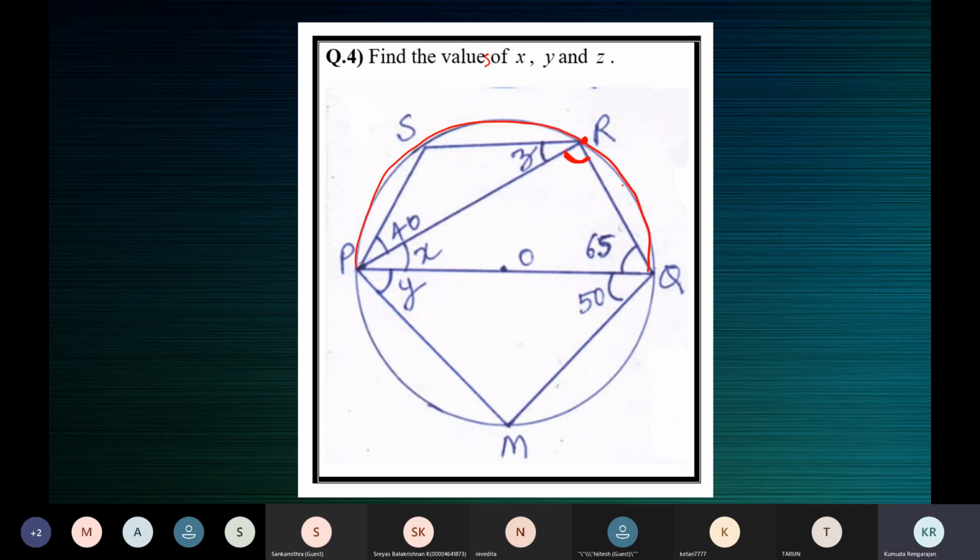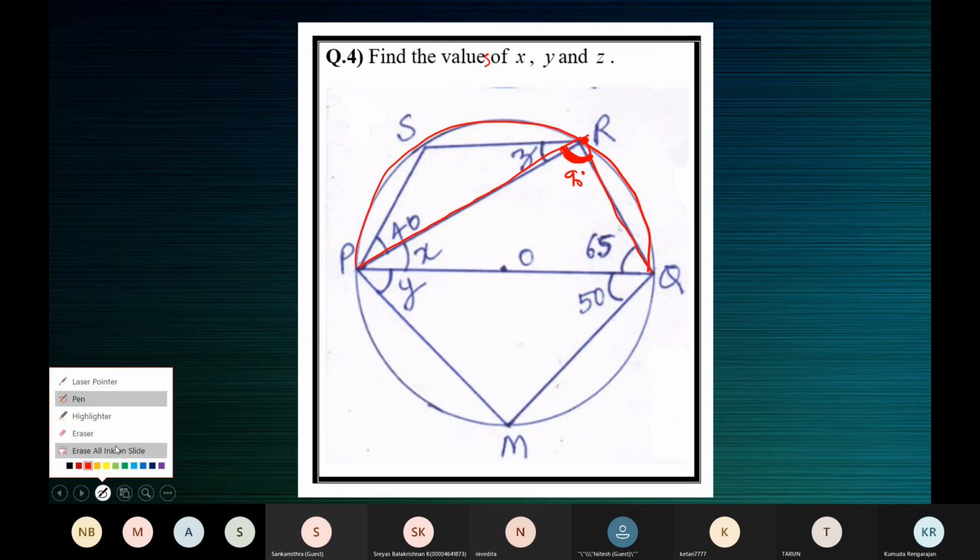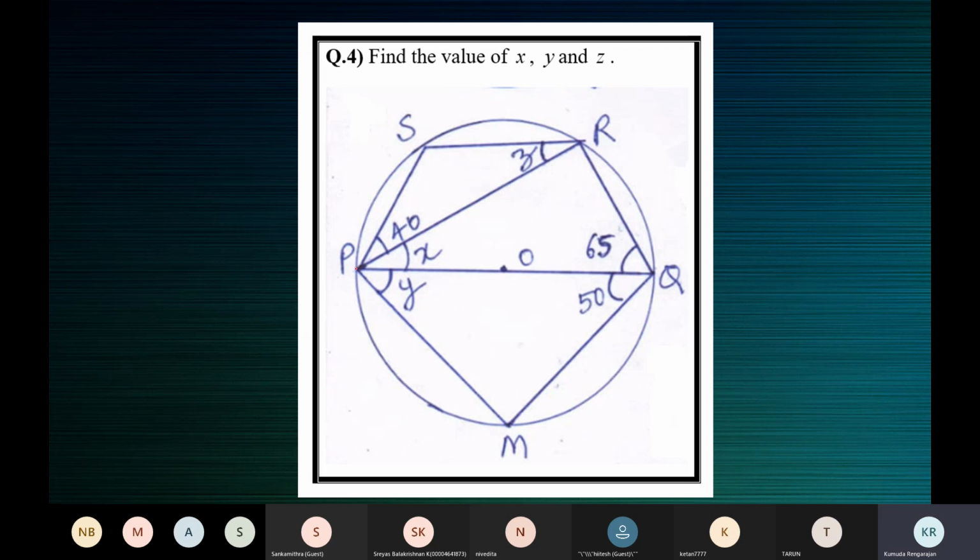You can see that the ends of the diameter, P and Q, are joined to that point R: P to R, Q to R. This is the angle which we say is the angle in a semicircle, whose measure is 90 degrees. Why semicircle? Because PQ is the diameter. So this is the semicircle.